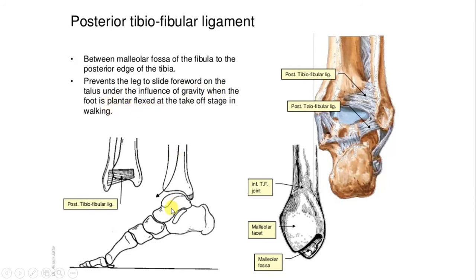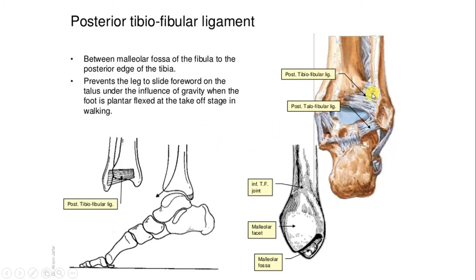In walking, the foot is plantar flexed and tends to move forward, but this ligament prevents the forward sliding of the talus.